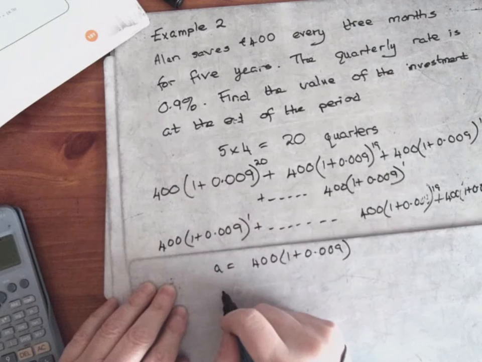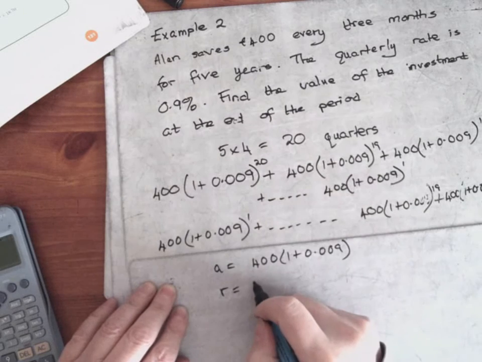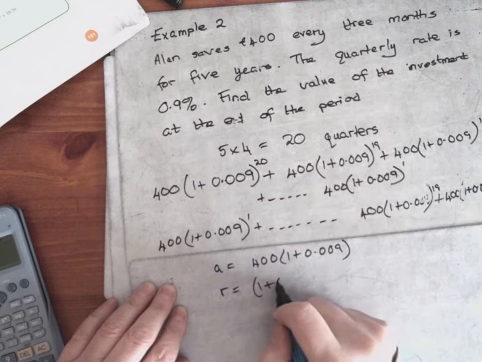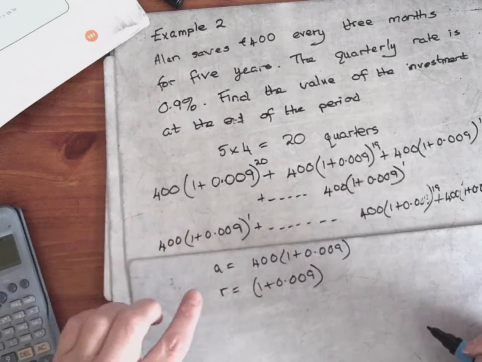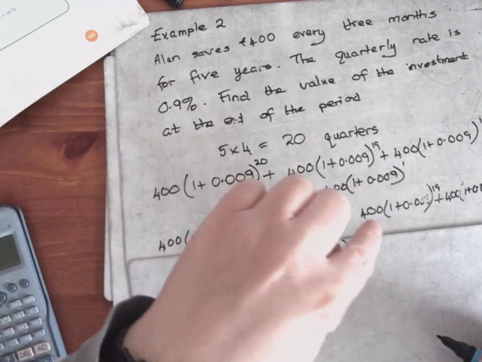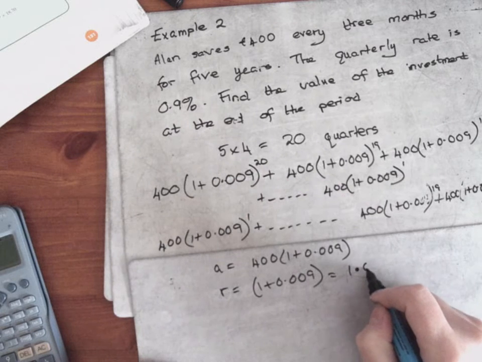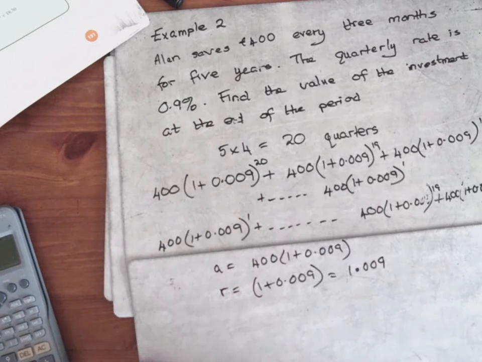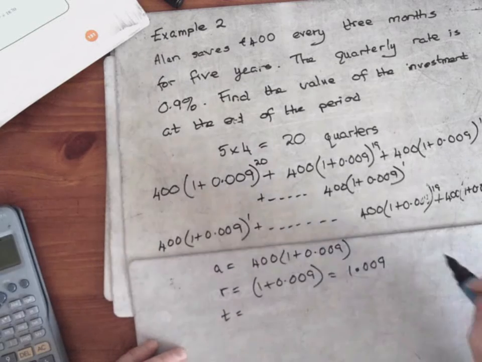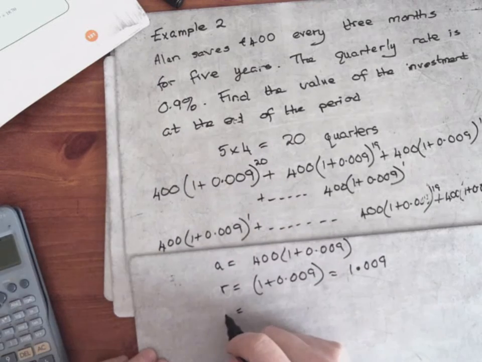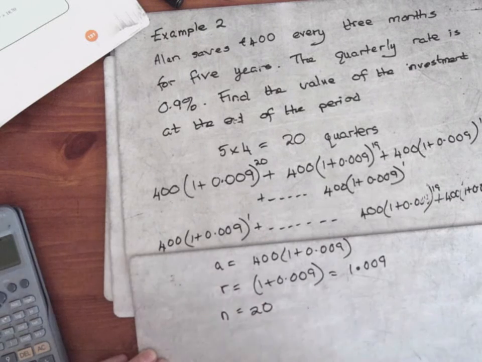R is what you're multiplying by each time, 1 plus 0.009, because it's to the power of 1, then the power of 2, the power of 3, okay? So I just write that as 1.009. And N is how many terms are in the sequence. There are 20 terms because it was 20 quarters.